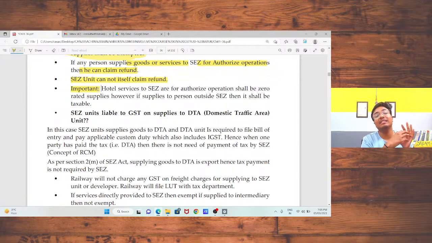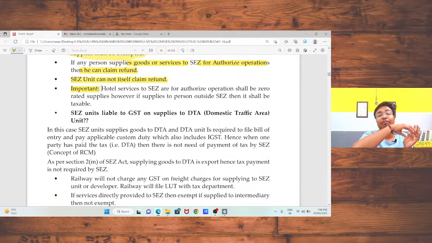Now, important. Just take an example. There is one clause in the authorized operation list of an SEZ unit that the SEZ unit needs to arrange one seminar in a period of 6 months. In that case, the SEZ unit needs to connect with a hotel, because it needs the hotel services for organizing the seminar. If the SEZ unit is paying a certain amount and the hotel is providing certain services to that SEZ unit, those services shall be treated as zero rated supply.